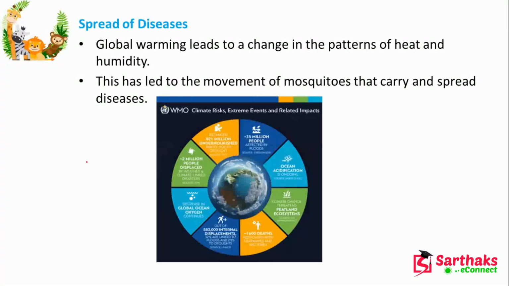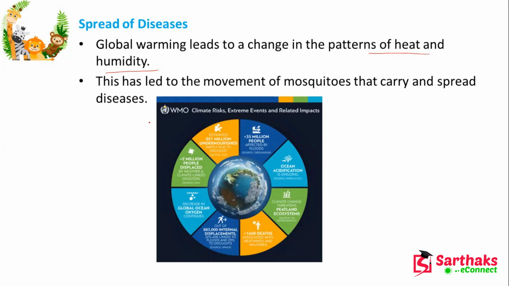So now, spread of diseases. Global warming leads to a change in the patterns of heat and humidity, right? And this led to the movement of mosquitoes that carry and spread diseases. If heat is high, in the summer you can see the mosquito problem is high, but in winter season the mosquito problem is low.